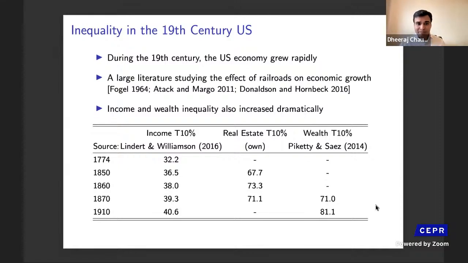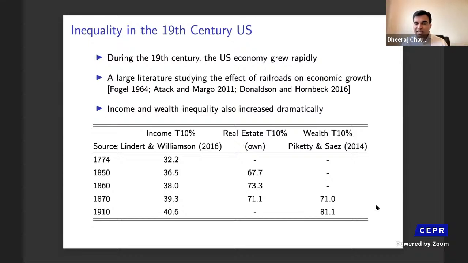But at the same time, both income and wealth inequality in the US also increased during this period. For example, Lindert and Williamson report that the income share of the top 10% increased from around 36.5% to almost 41% by the end of the century, in the last half century. I also find that the real estate wealth share of the top 10% increased by approximately 3.4 percentage points between 1850 and 1870.